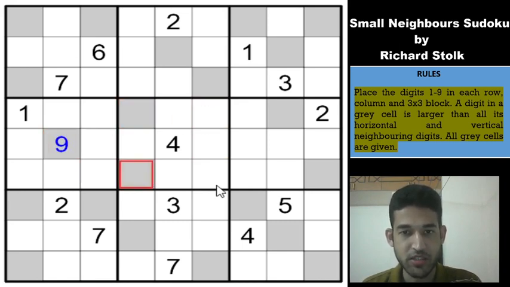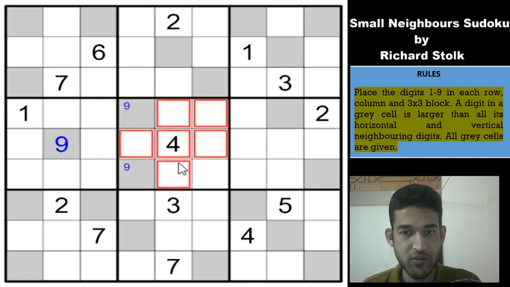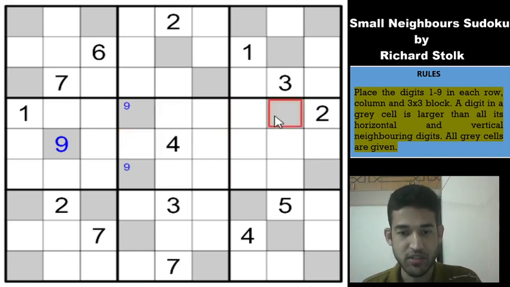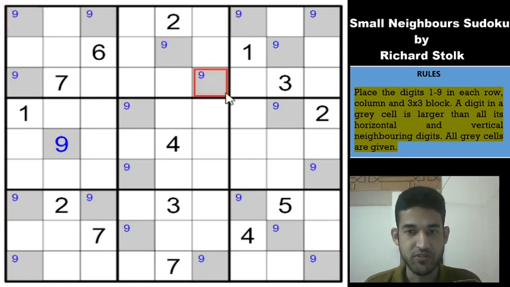And if you look at box 5, 9 must be in one of these cells, because 9 cannot be in any of the white cells, right? Because 9 will be greater than all its 4 neighboring digits, so 9 cannot be in a white cell. Similarly, doing that for all the boxes. In this Sudoku, this is one of the main starting tricks.